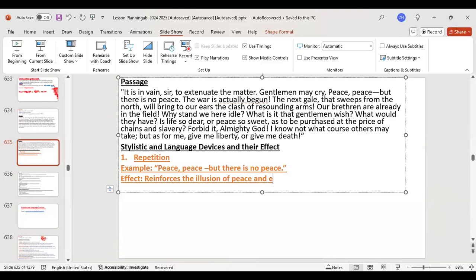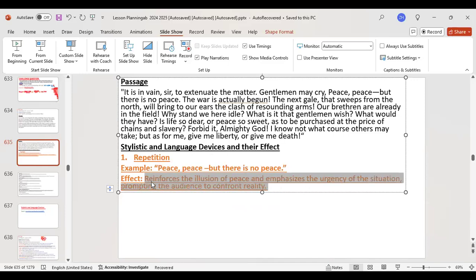And emphasizes the urgency of the situation, of the matter, prompting the audience to confront reality.